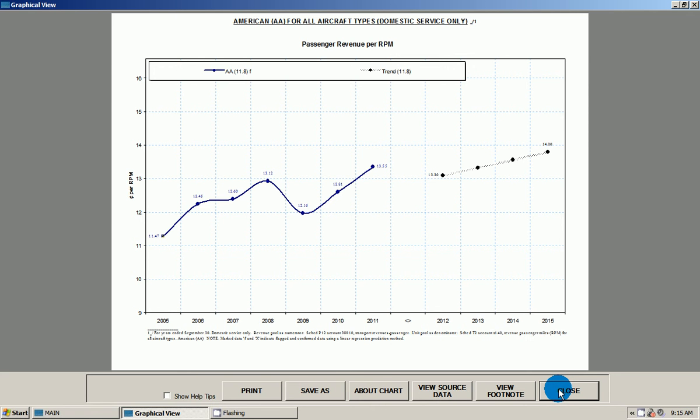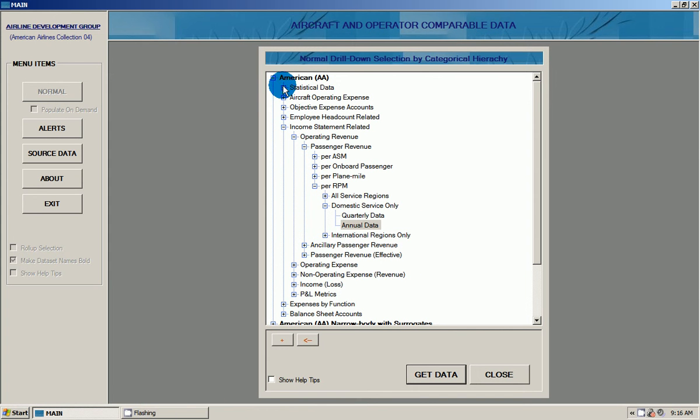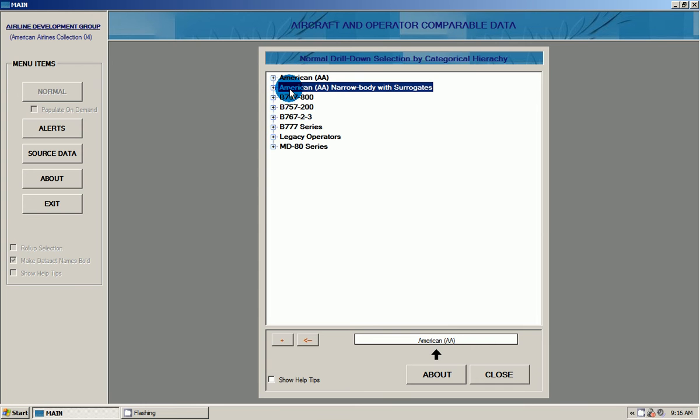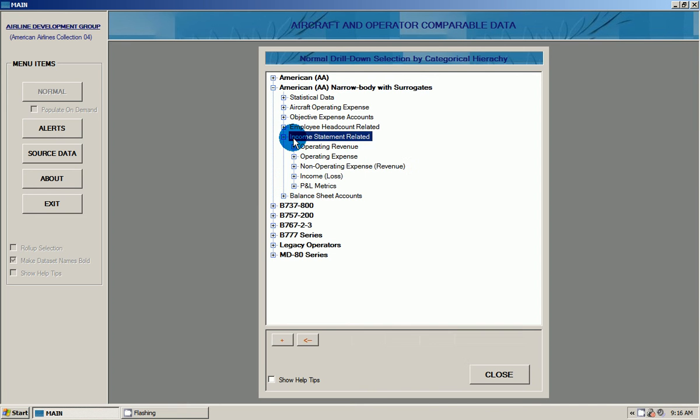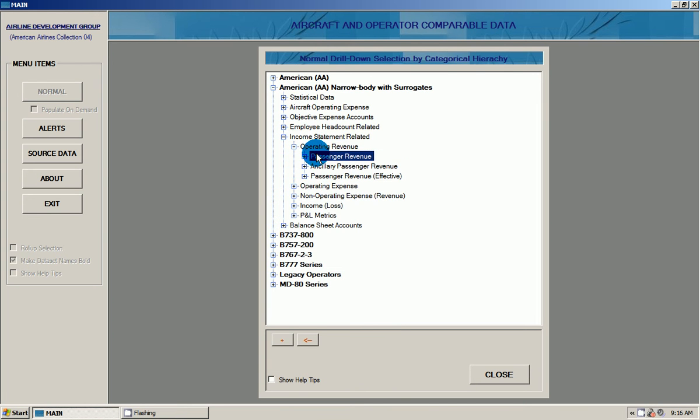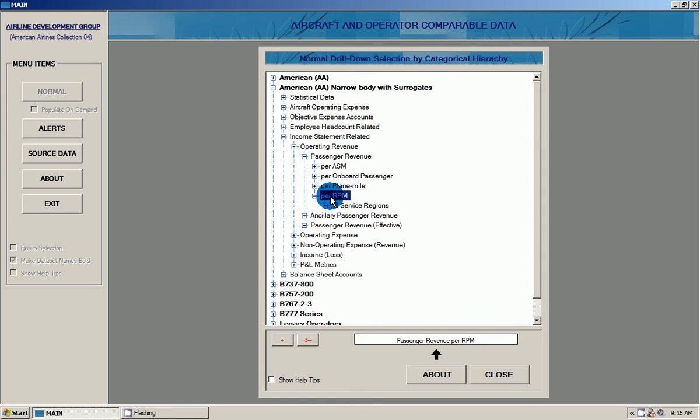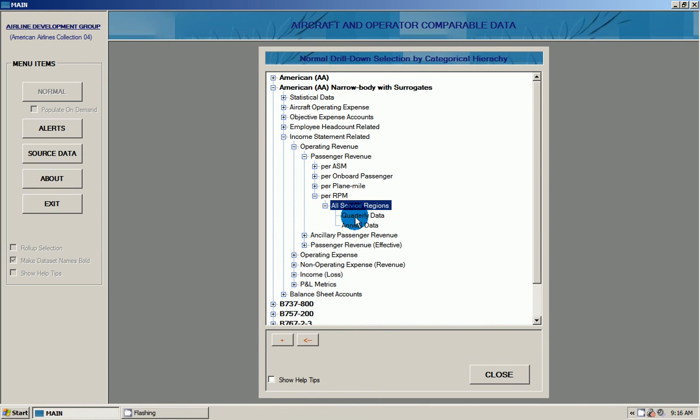Now, obviously, as a standalone, we'd rather compare it against some comparables. One thing we can do is move down to the American Airlines narrowbody with surrogates collection, or correction, it's content holder. And let's look at income statement related, same thing here, passenger revenue per RPM, all service regions, and here is annual data.